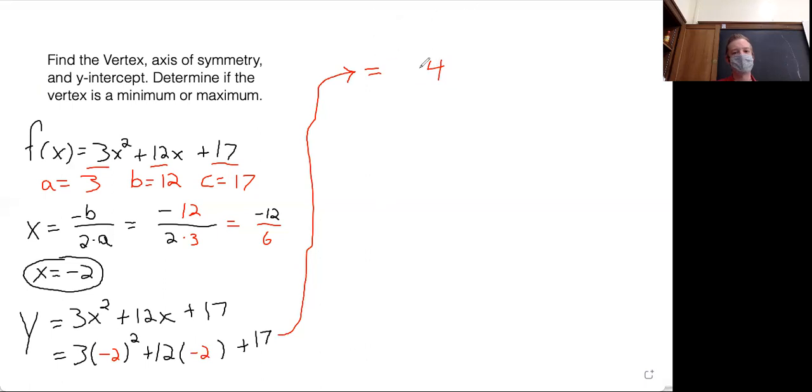We still have the 3 out front. 12 times -2 is going to give me -24. And then we still have the +17. And we keep going with it. 3 times 4 is going to give us 12. We still have -24. We still have +17.